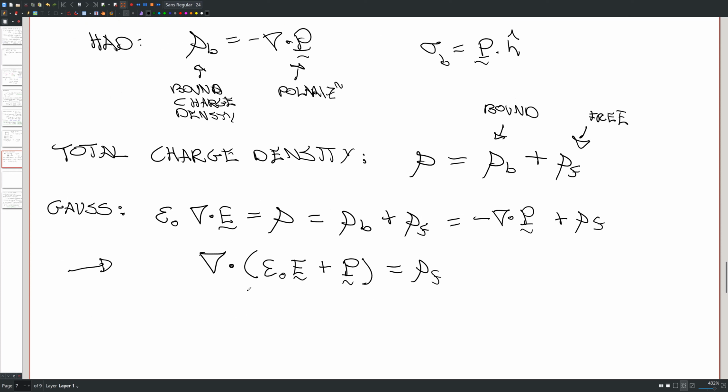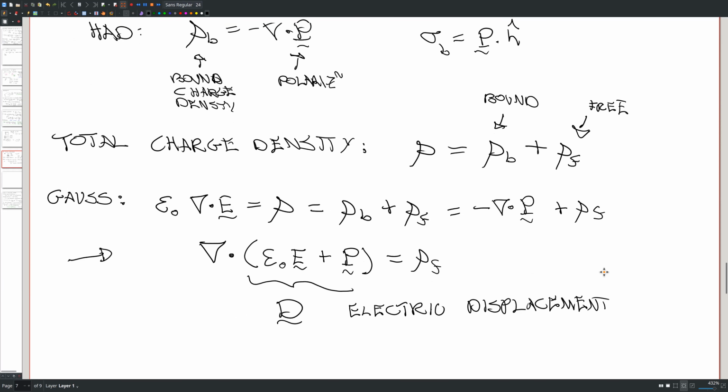And that's our definition for the displacement D, which is this, electric displacement. By definition, D is just epsilon 0 E plus P.